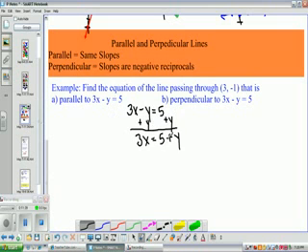I just didn't want to divide by negative later. And then subtract 5 from both sides. So I have y equals 3x minus 5. So the slope of this line is always the number in front of the x, which is 3.